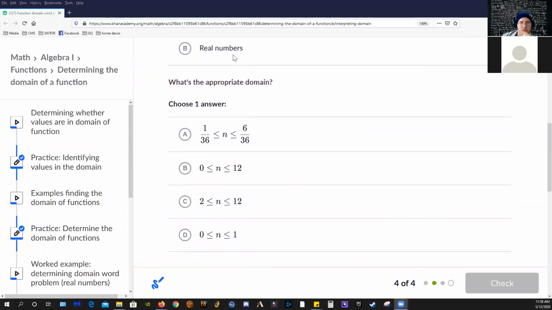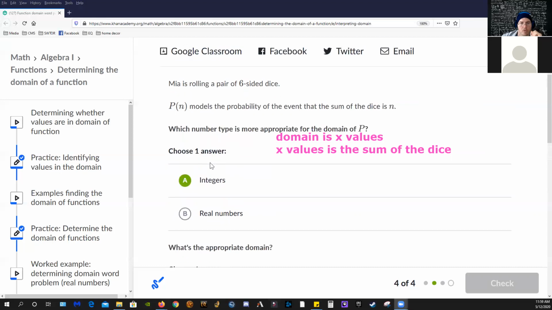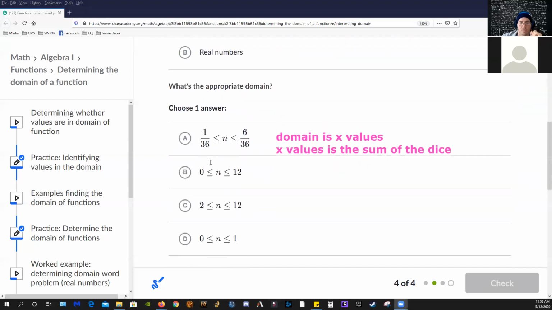Here's what I'm thinking. The domain is x values, and in this case, x is the sum of the dice. So when I think about two dice, it is two dice, right? A pair of 6-sided dice. Okay.